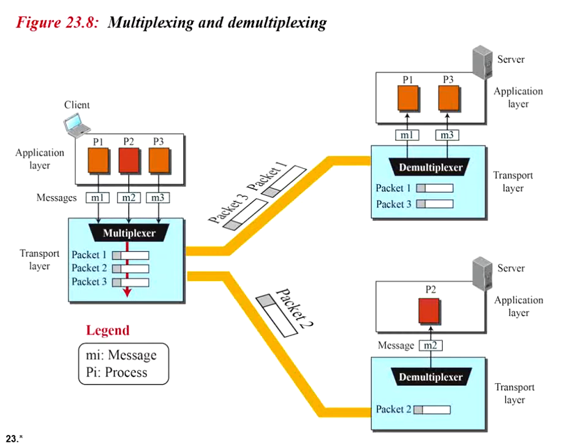demultiplexing operation. So this figure shows you the communication between a client and a server and two servers. Three client processes are running at the client side. They are P1, P2, and P3.